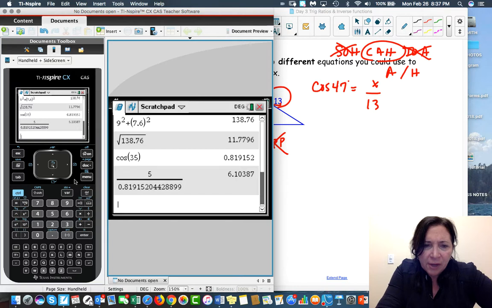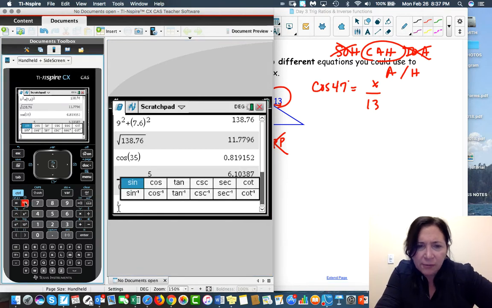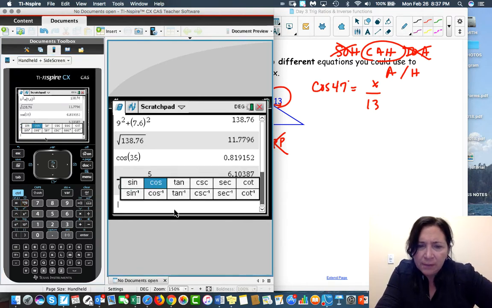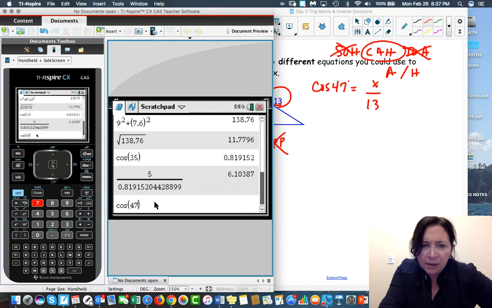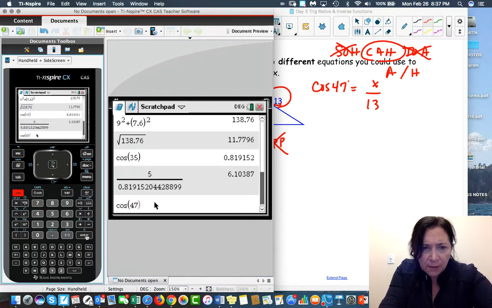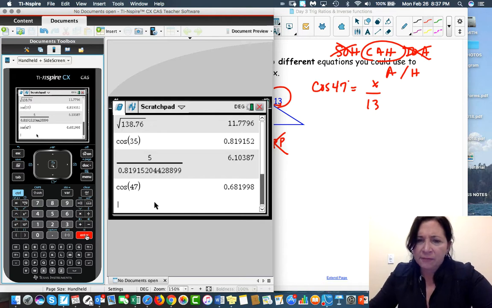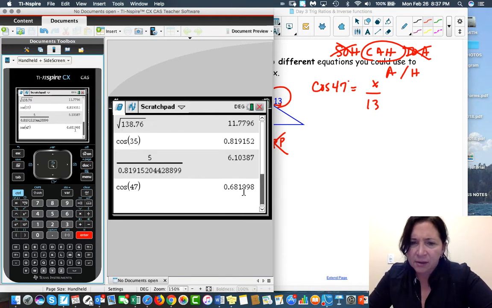So I go trig function, cosine of 47, and that is approximately, so I'm going to go control, enter, and that's going to give me 0.682.